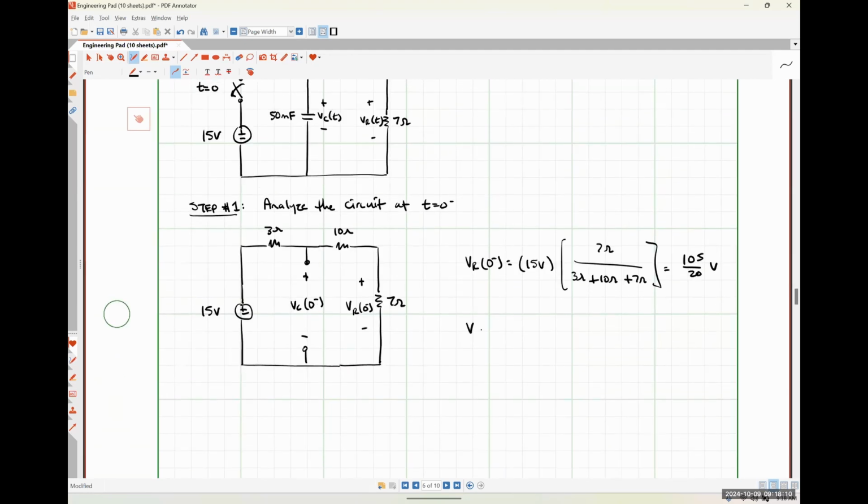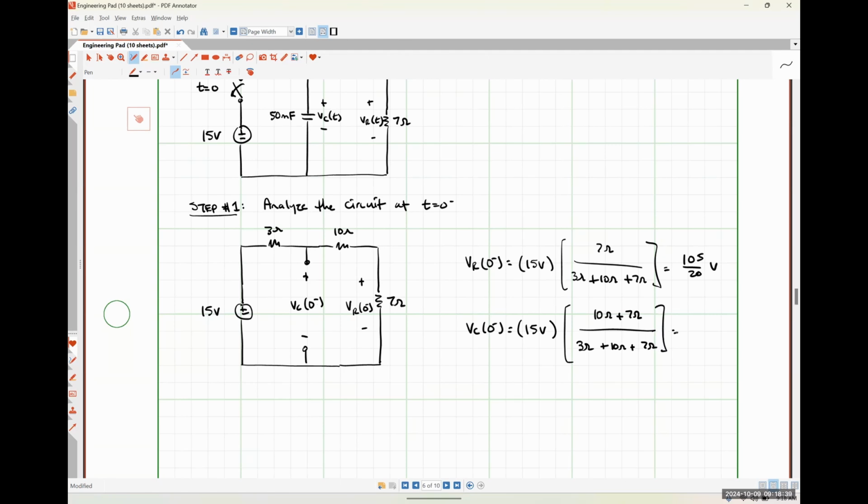What about VC at 0 minus? We could do voltage division for that one as well. So the capacitor is effectively in parallel with the series combination of 10 ohms and 7 ohms. So I'm going to do 10 ohms plus 7 ohms in the numerator, and then 3 ohms plus 10 ohms plus 7 ohms down here.